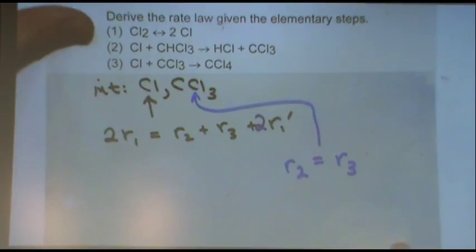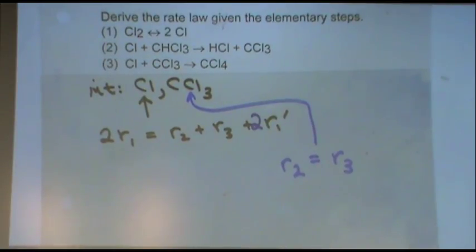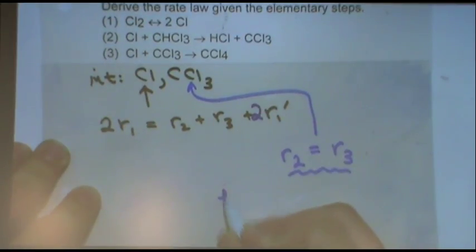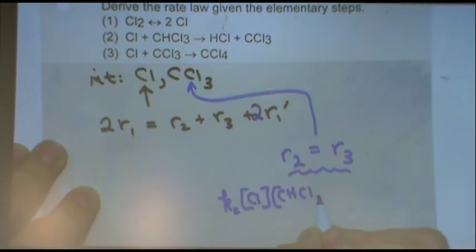Okay, so let's write this out right here. Rate 2 is K2 Cl CHCl3. Rate 3 is K3 Cl CCl3.